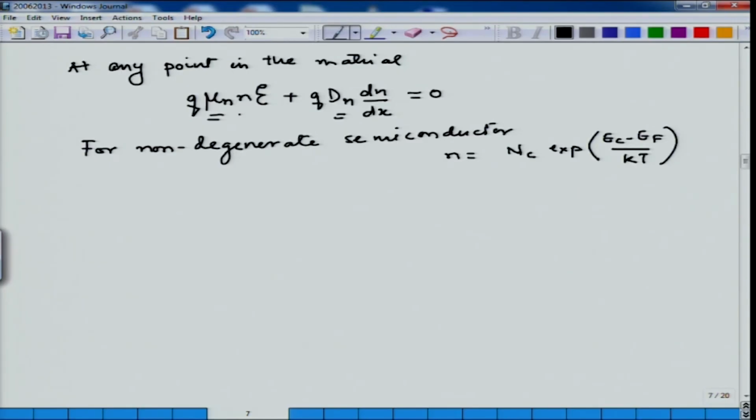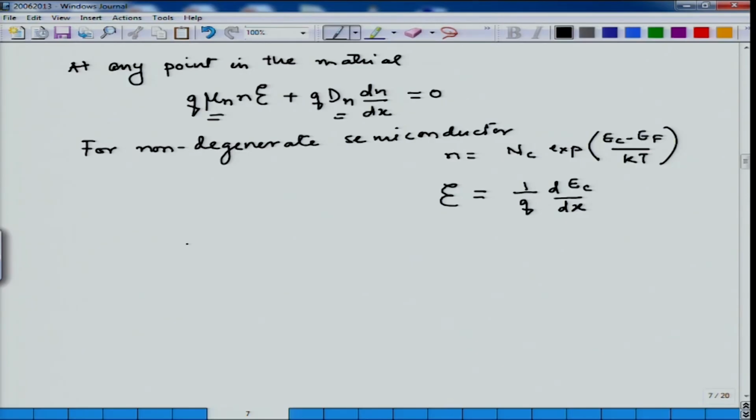So, I know what n is at any particular point, and if I know n, I can calculate dn/dx. I also know from the discussion during drift that the field inside the semiconductor can be related to the band bending by the expression 1 over q times the gradient of the band bending as a result of this field inside the semiconductor.